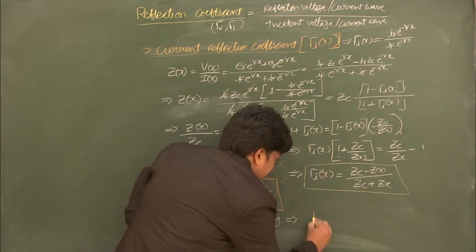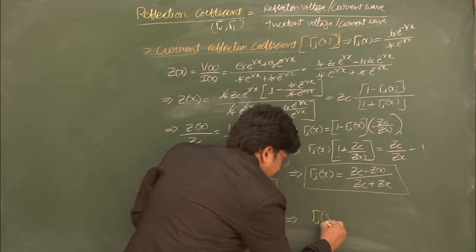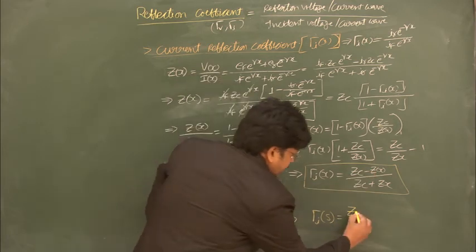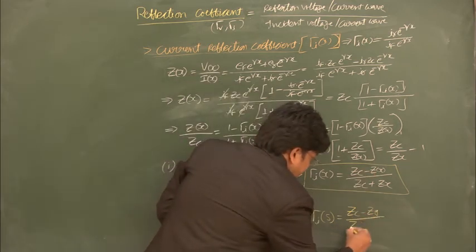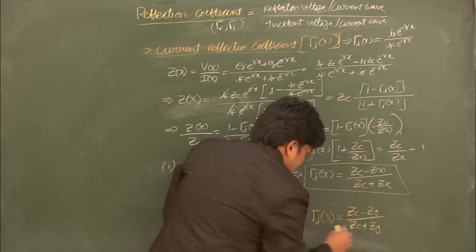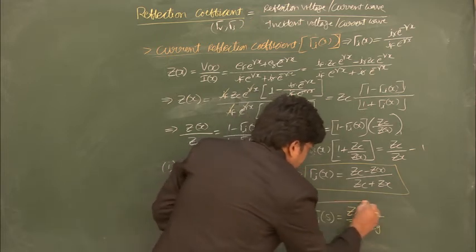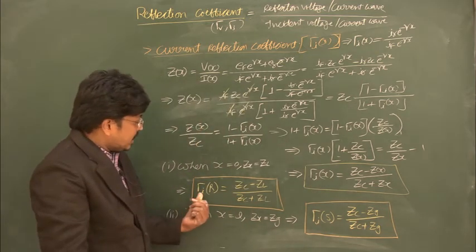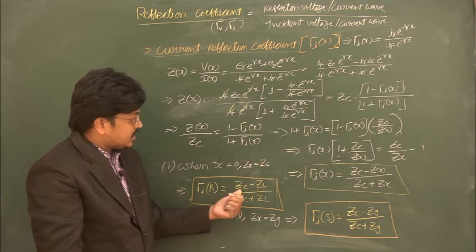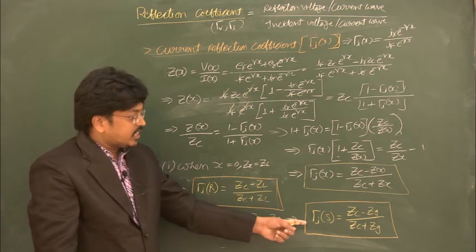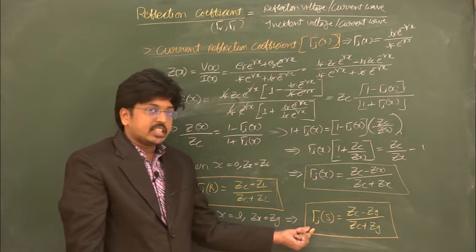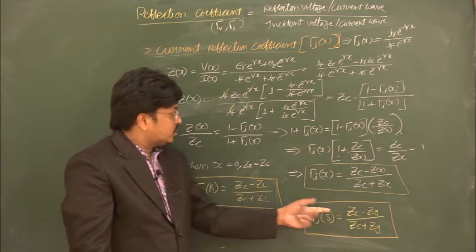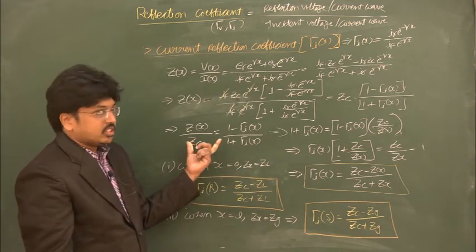Therefore, the current reflection coefficient at the sending end side, substituting zx equivalent to zg, is zc minus zg by zc plus zg. So the current reflection coefficient at the receiving end side is zc minus zl by zc plus zl, whereas at the sending end side it is zc minus zg by zc plus zg. These are the current reflection coefficients.